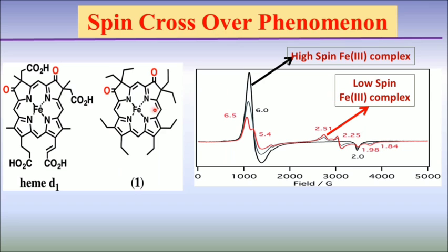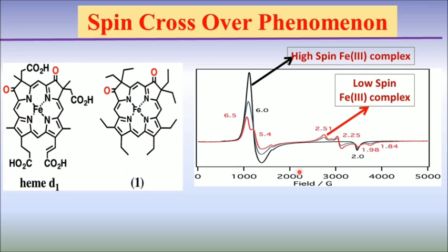Using EPR spectroscopy, it is reported that it is used to study the spin crossover phenomenon in iron 3 complex. For example, heme is present in the active site of several proteins: cytochrome C, myoglobin, hemoglobin, cytochrome C oxidase, etc. This is the high spin iron complex, and the G value, this peak, the black one, corresponds to high spin.